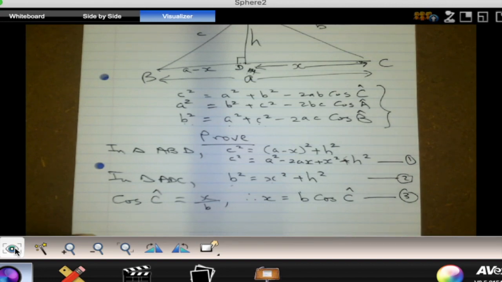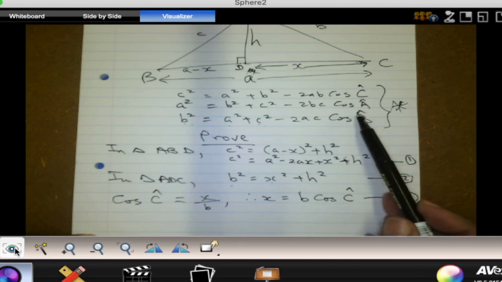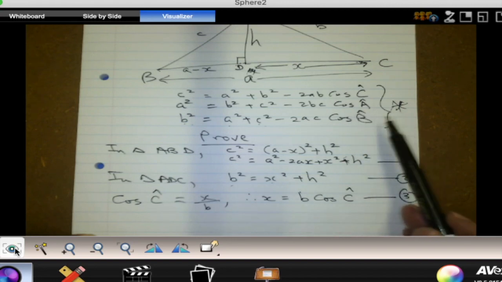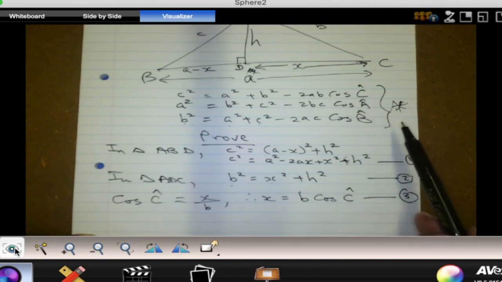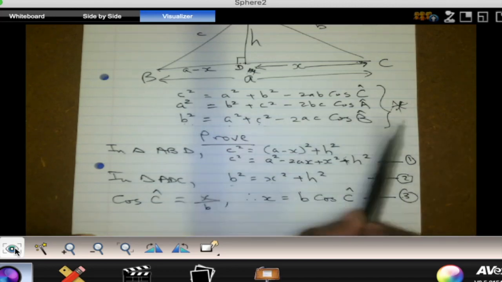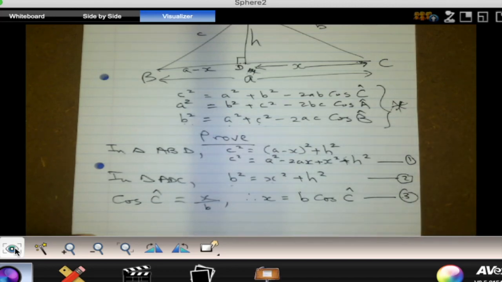Now let's put them together because we want an answer. You will notice the formula we want is not using x, and neither is it using h. So we don't really want x and h, right? So we are now going to eliminate x and h from equations 1, 2, and 3 so that we can just remain with a, b, and c and the angles. Right, so agree that we can sub in where we see x squared plus h squared in number 1.